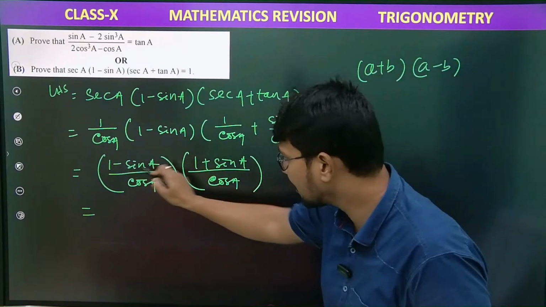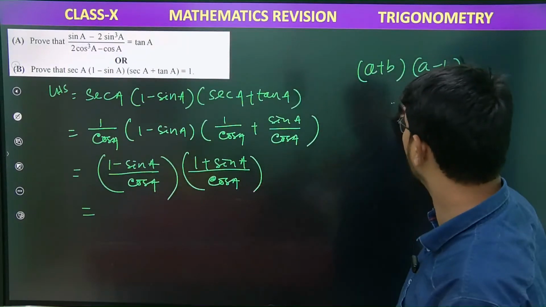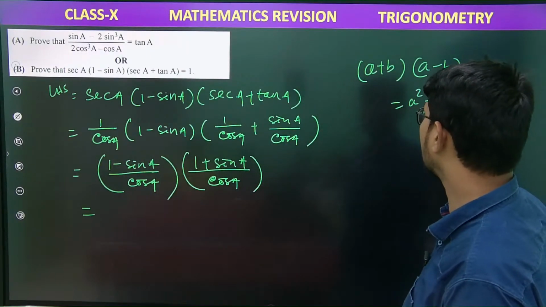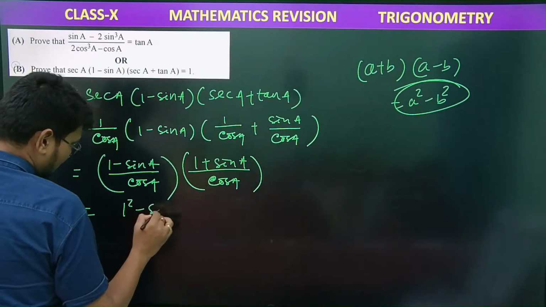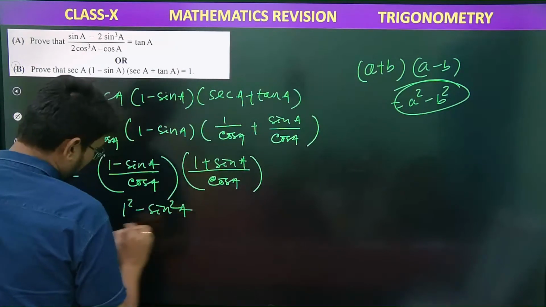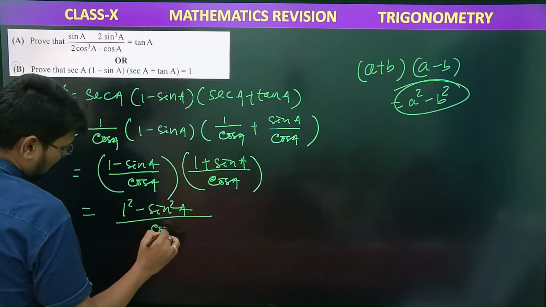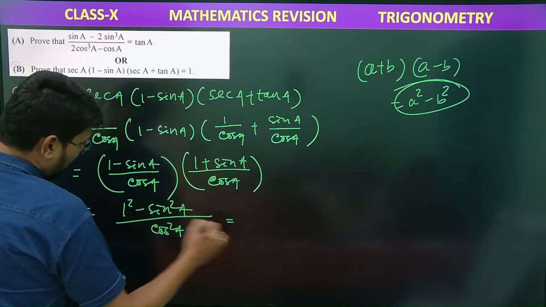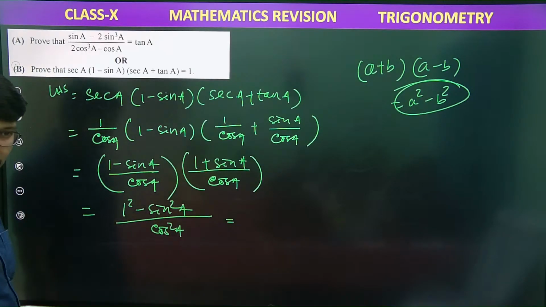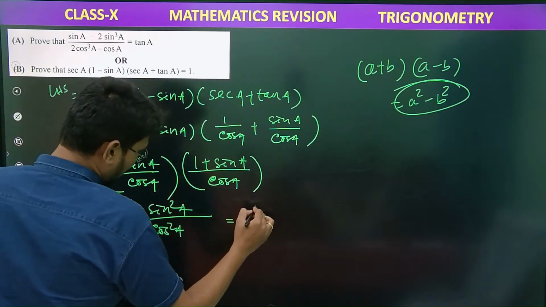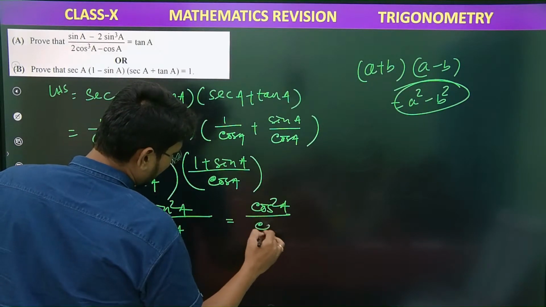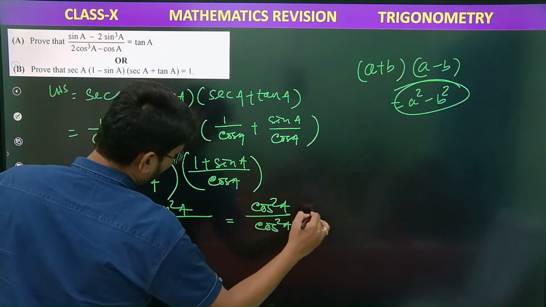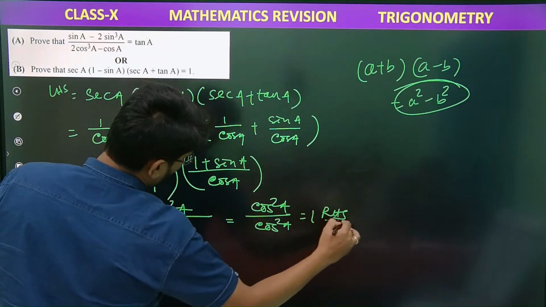A square minus B square. Apply it, so 1 square minus sin square A by cos square A. What comes in the numerator? 1 minus sin square A, and 1 minus sin square is cos square A. So cos square A by cos square A is 1, which is the RHS. Done, everyone?